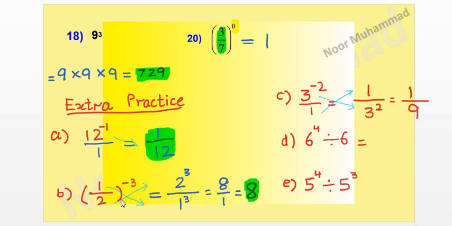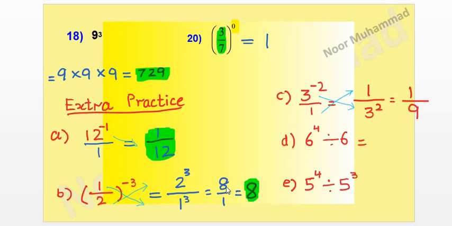So here is the answer for the B part. You have to flip the fraction to get the positive indices. So 2, when it moves to the numerator, its index negative 3 will change into positive 3. 1, when it moves to the denominator from the numerator's place, will get positive 3.